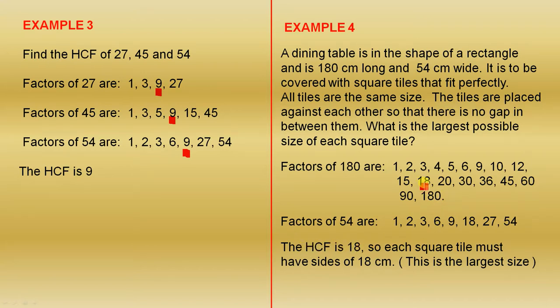Let me underline 18 here and 18 there. See, that's the highest number that occurs in each list. It's the highest number that occurs in both of the lists. So each square tile must have sides of 18 centimetres. This is the largest size. So there's an excellent example of a practical use for HCF.